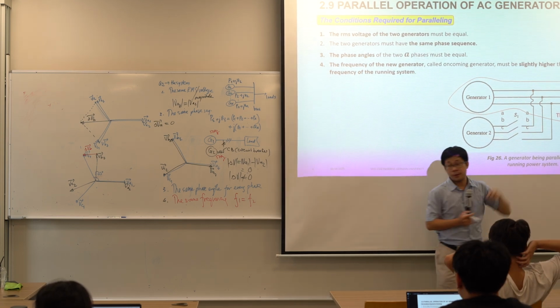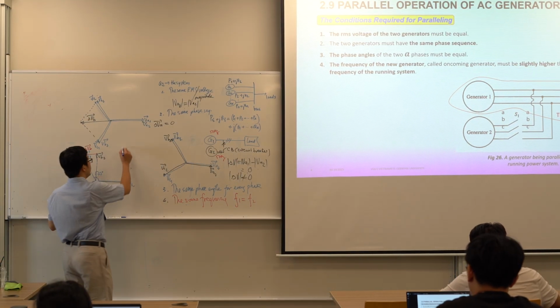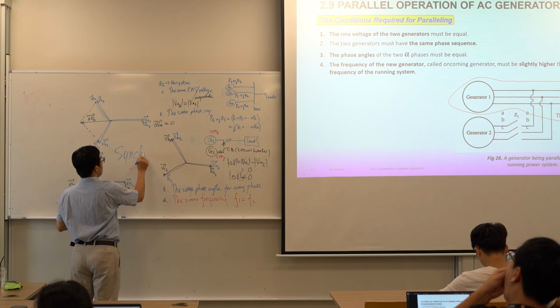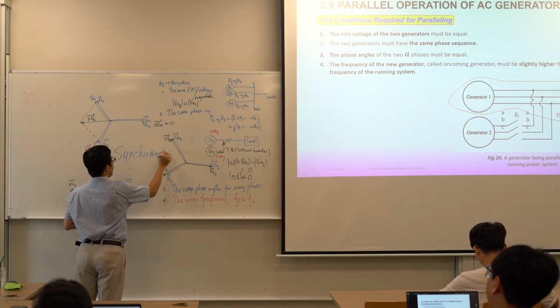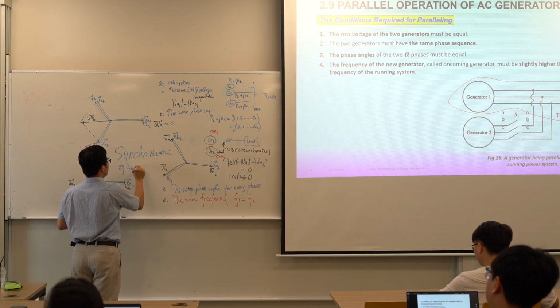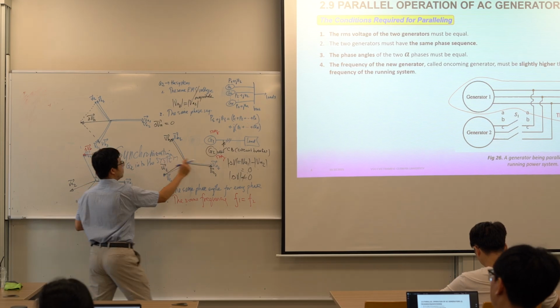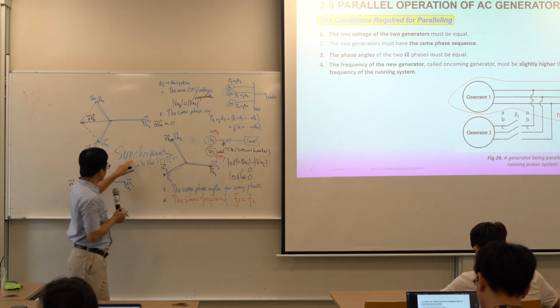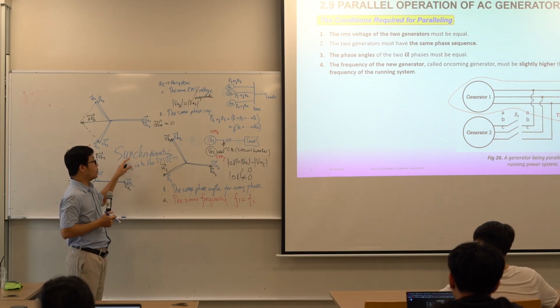Okay, and this process is the synchronization process. We say this one is synchronization of T2 into the system. Vietnamese synchronization means hòa đồng bộ. Đồng bộ nghĩa là gì?